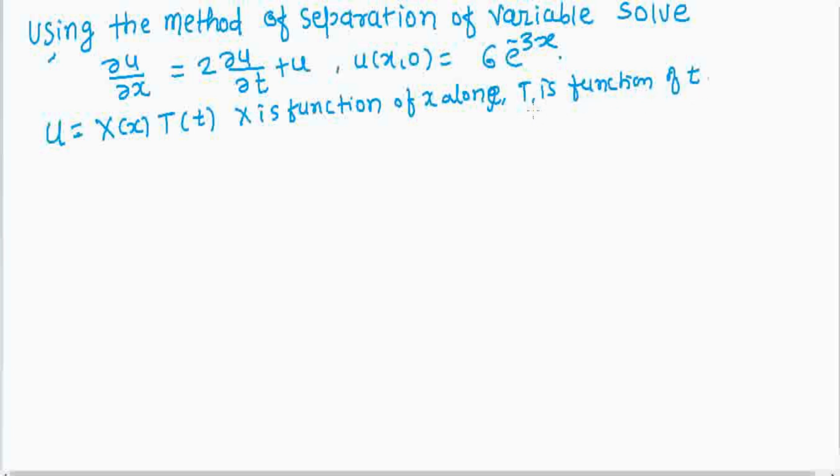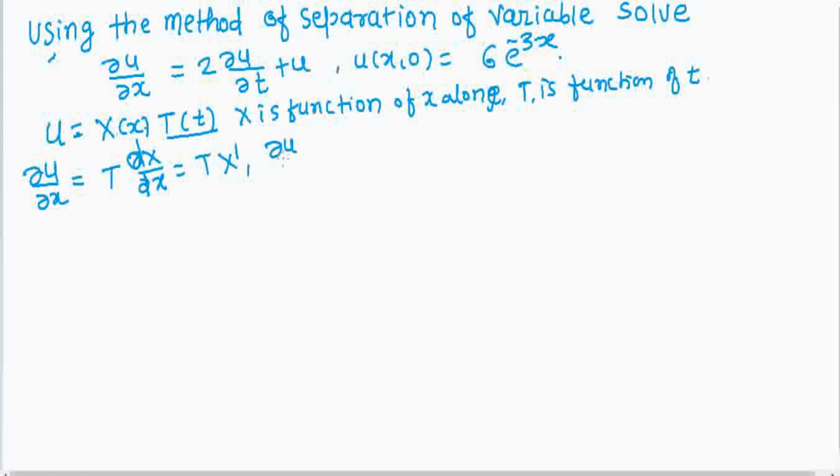Therefore, for their derivatives, if we take del u by del x, then T is a function of t alone, so it will remain constant when we differentiate with respect to x, and since X is a function of x alone, it will be the total derivative dX by dx, and we write this as T into X dash.